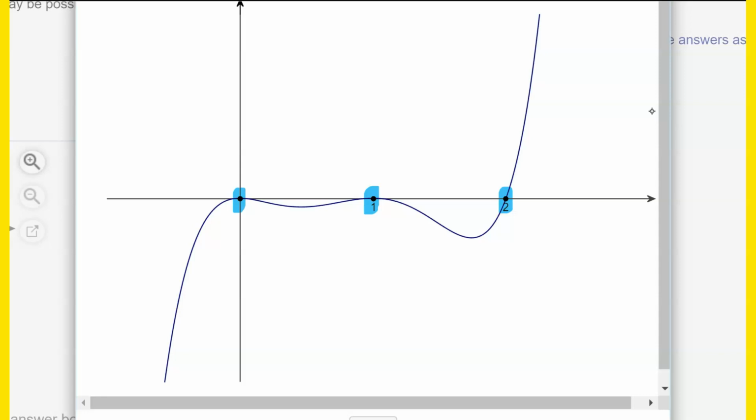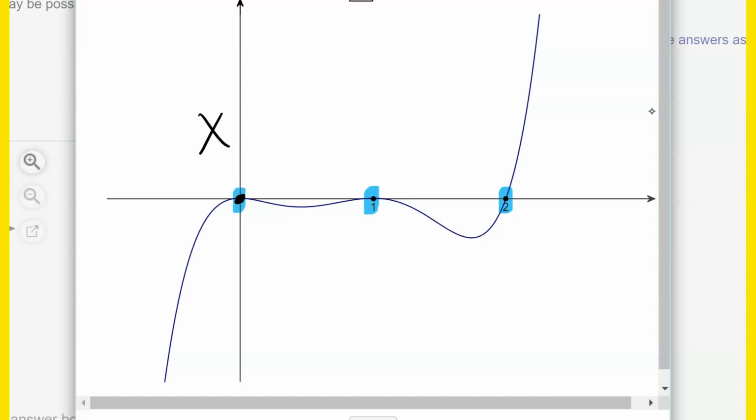This zero right here is going to be a factor of simply x. It's just x equals 0. If 0 is the thing, then it's not like x minus 1 or x plus 3 or anything like that. It's just x.